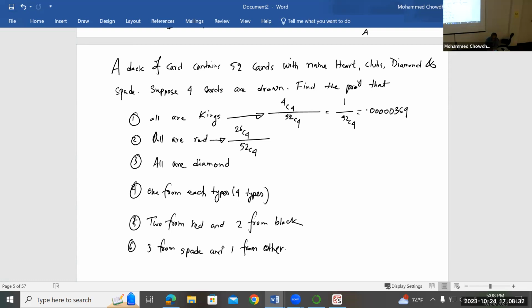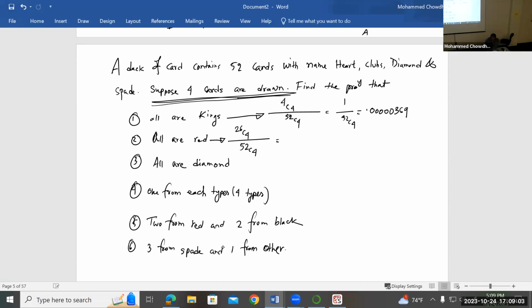The question was: suppose 4 cards are drawn, find the probability that all are red. That means all 4 are red. So that is why 26 choose 4. Do you understand? Are you okay or not? Clear, right?